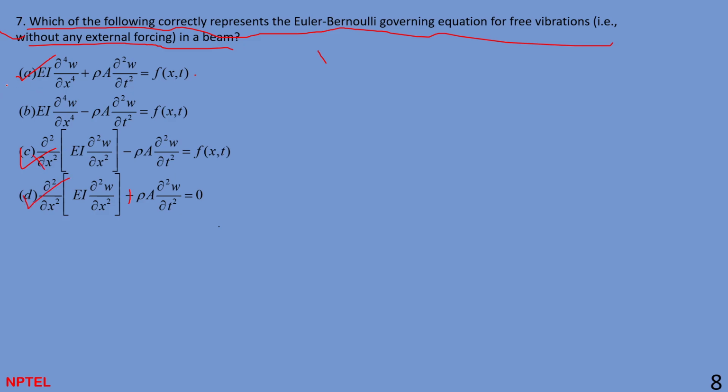Both of these are governing equations, but which one will you take? Here you see the fourth order equation, whereas this one is also fourth order, but here this EI term is inside it.